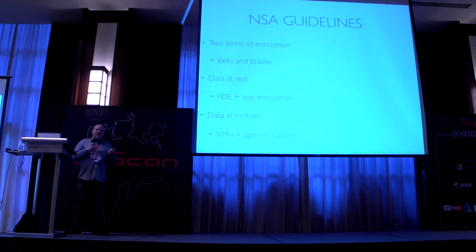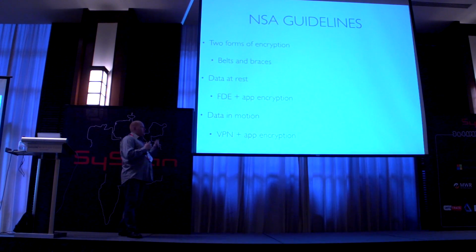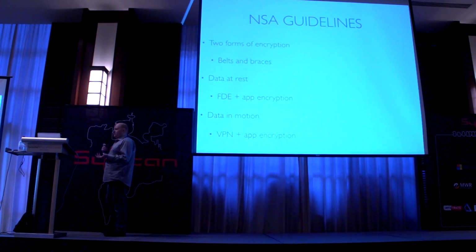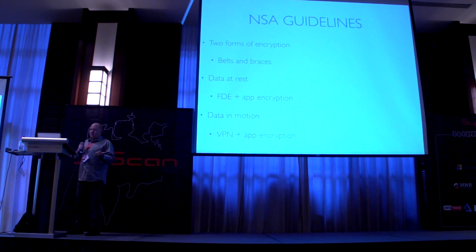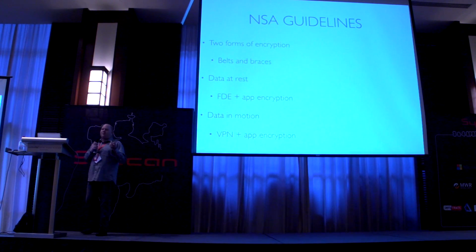So everything has to have at least 2 forms of encryption. So if you've got FDE, basically all of your data at rest has to be encrypted. So full disk encryption, but then every application has to have its own encryption on top of that. So you have 2 sets of encryption. So if one set of keys is compromised, in theory you at least have the second set to protect you.